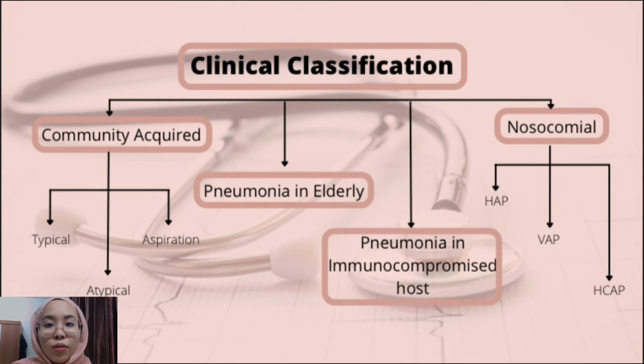Okay, next, let me go to the clinical classification of pneumonia. The clinical classification can be divided into four main groups: the first is community-acquired pneumonia, the second is pneumonia in the elderly, the third is pneumonia in the immunocompromised host, and the fourth and last is nosocomial pneumonia. Community-acquired pneumonia can be divided into three: atypical, typical, and aspiration.